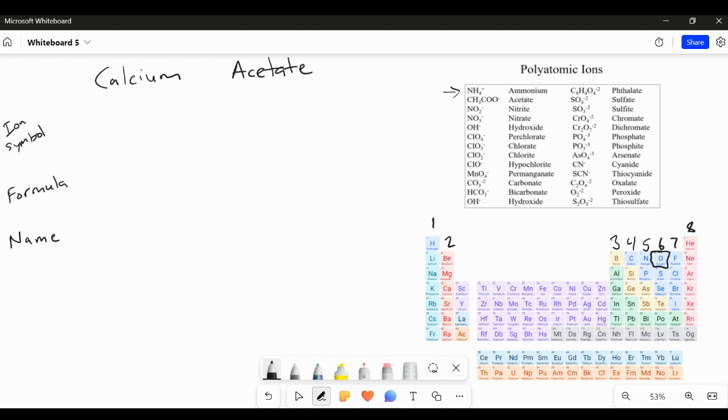Okay? So calcium is Ca2+, because it's right here. It's a group 2 element. And acetate is CH3COO-.